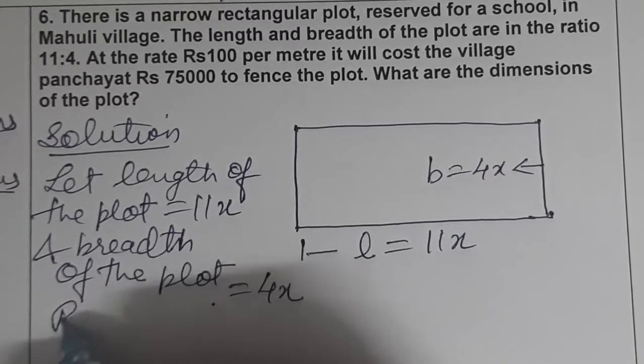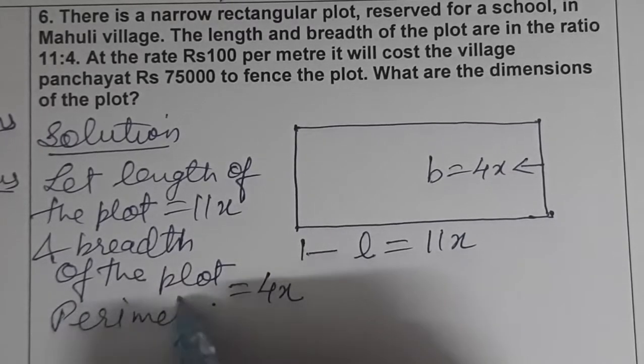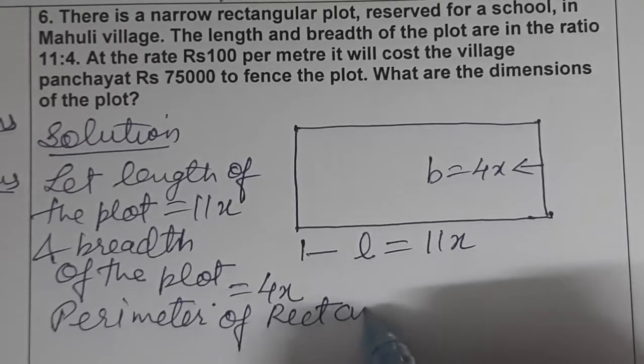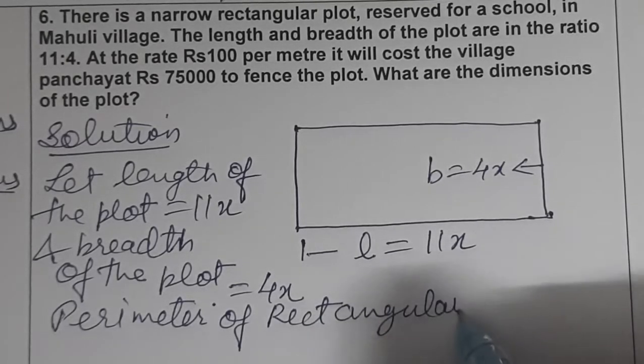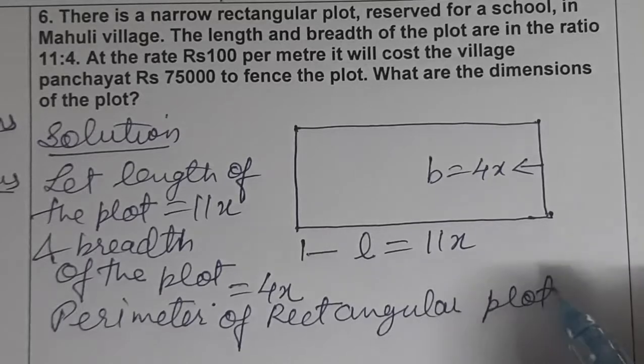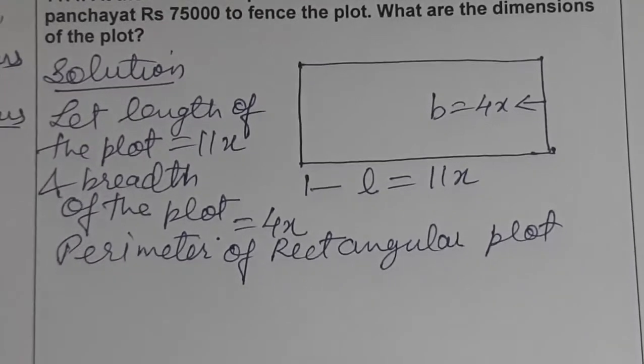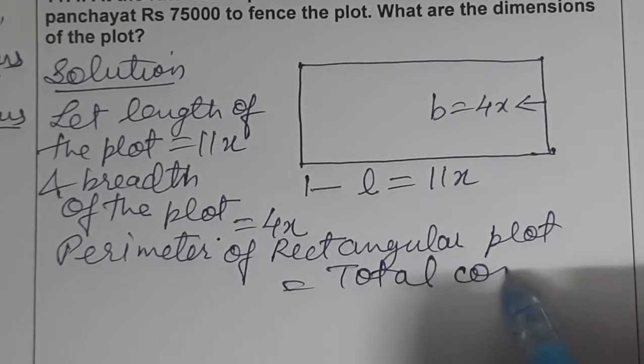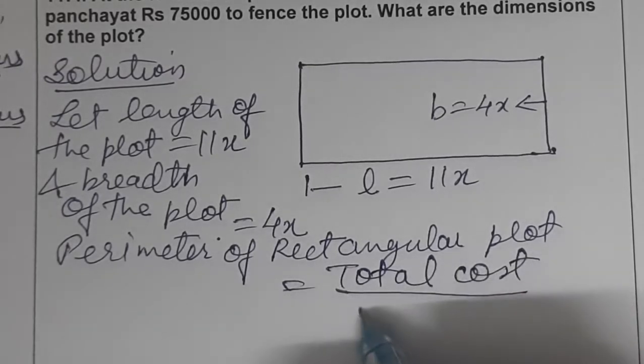So perimeter of rectangular plot equals total cost divided by cost of 1 meter.